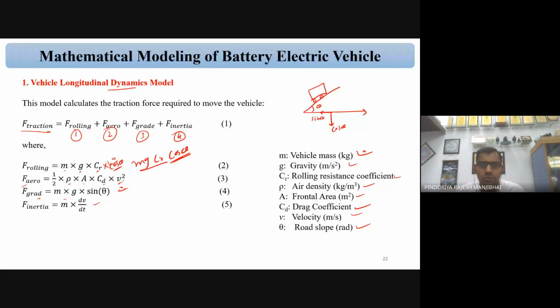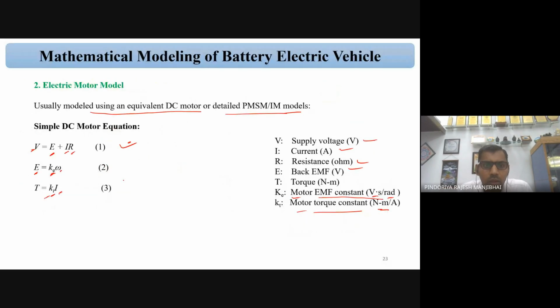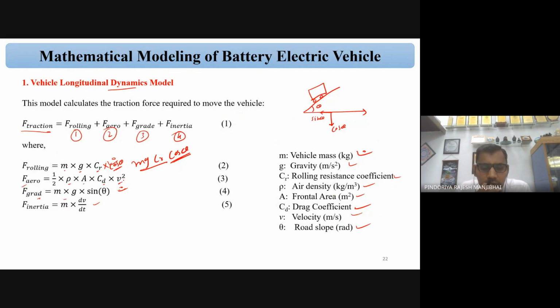Yes, that is m g cos theta. Yes, correct. So I will change this one. Any more confusion? Any more query?